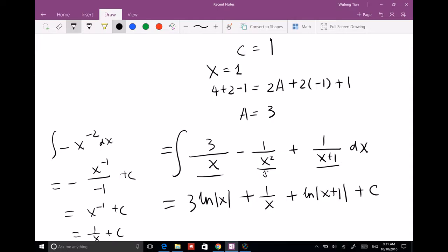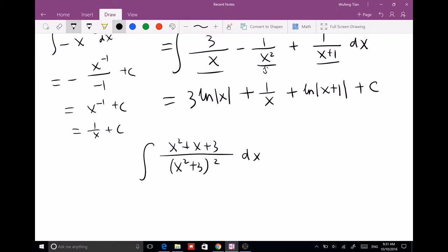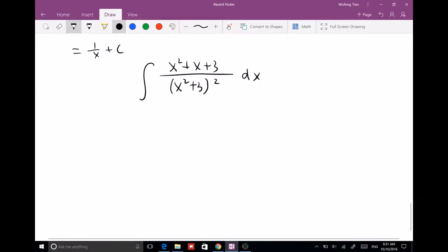Repeat quadratic factors. I want to try one more. The integral of x squared plus x plus 3 over (x squared plus 3) squared dx. Can you try this one?